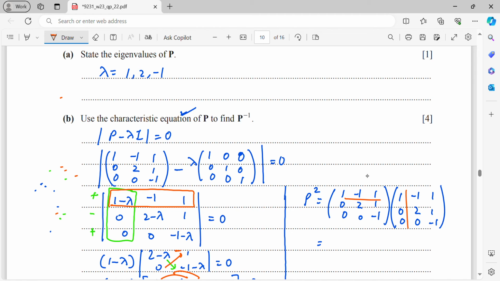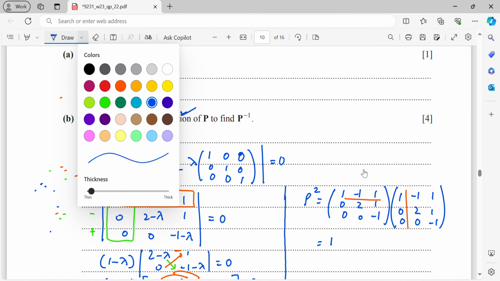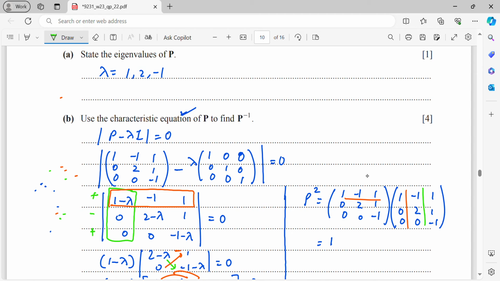So 1 times 1, I get 1. Then row times second column, number times number plus another number, then plus another multiplication. So here you will be getting minus 1 minus 2. Then the next one is 1 minus 1 minus 1.